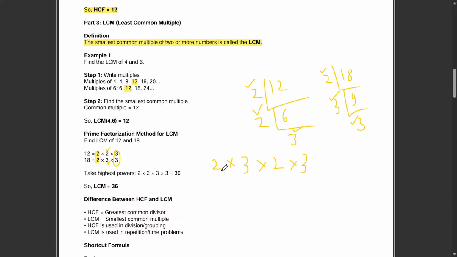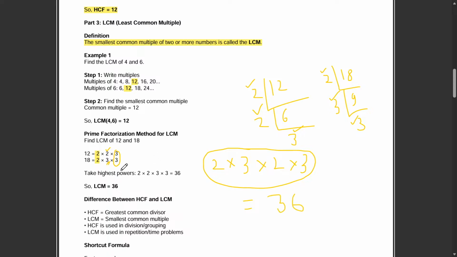If we multiply these numbers, we will get the highest power. 2 into 3 is 6, 6 into 3 equals 18, and 18 into 2 equals 36.